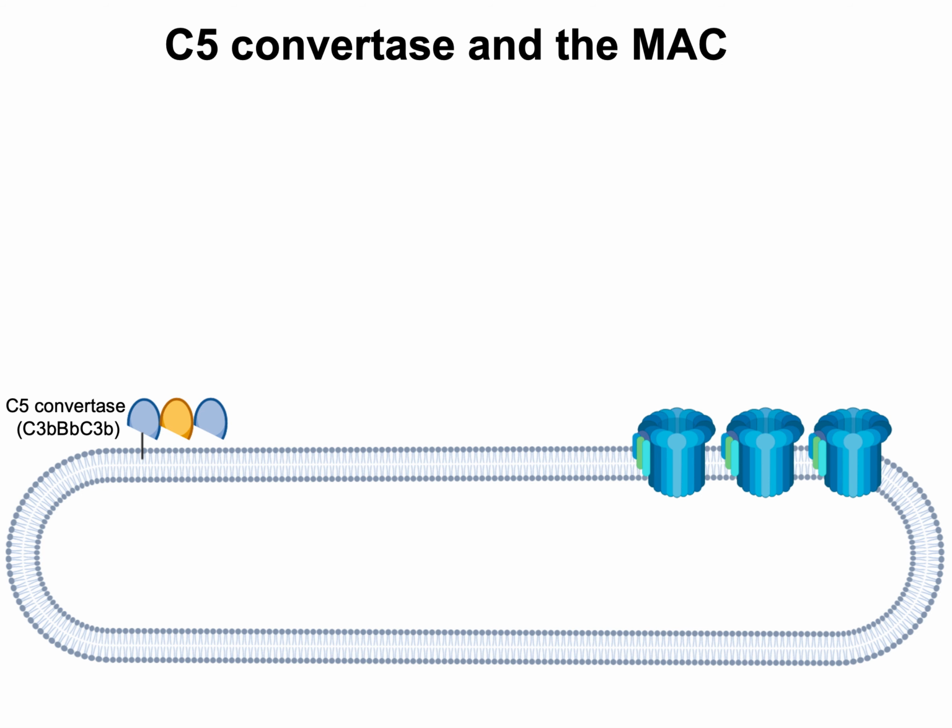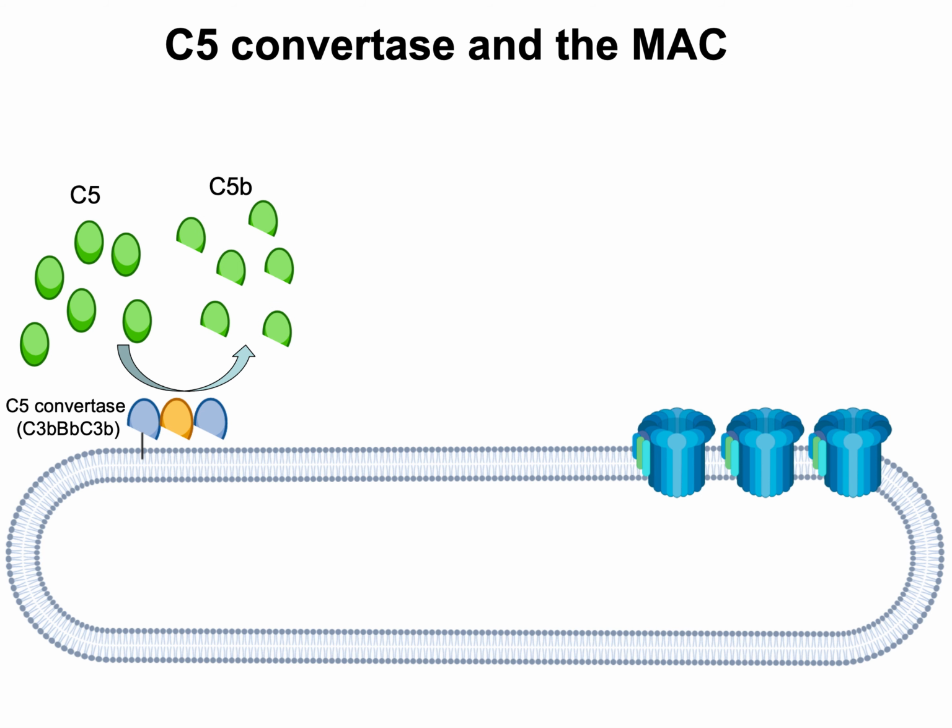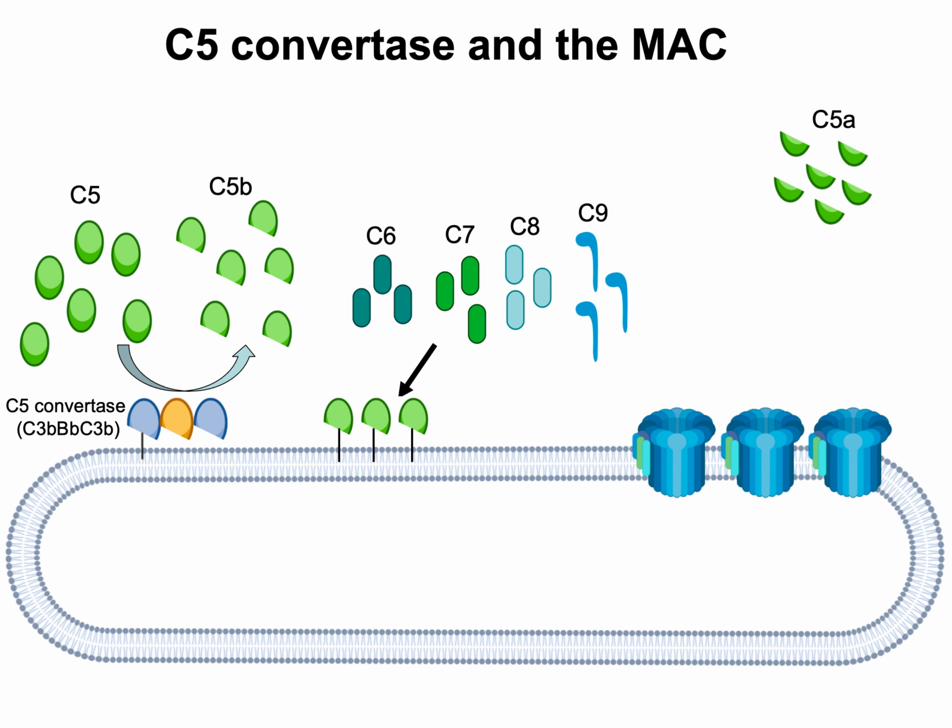Now, just as the C3 convertase cleaves C3, the C5 convertase specializes in cleaving C5. And so C5 is cleaved into C5b and C5a. C5b can bind to the surface of the bacteria, whereupon it can now recruit several components of complement, C6, C7, C8, and C9.